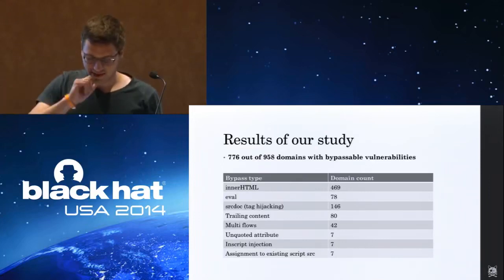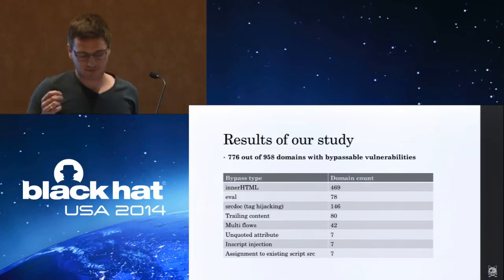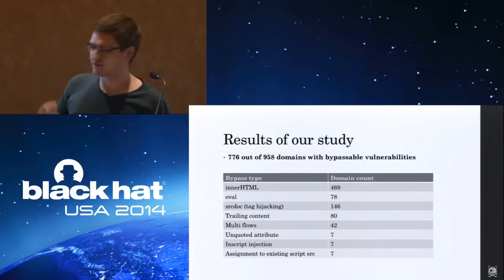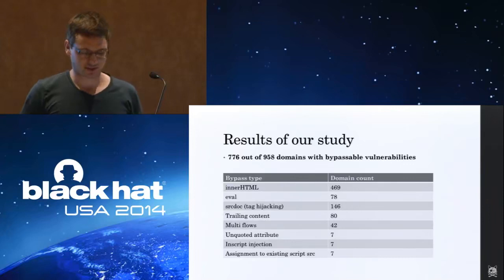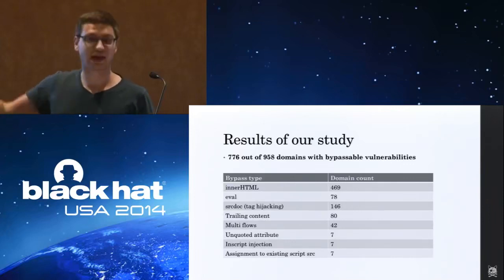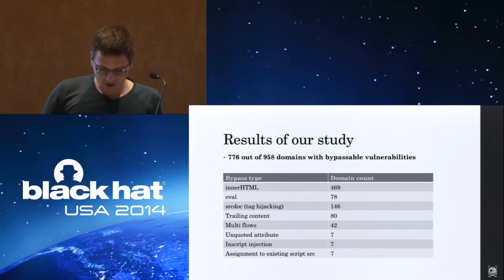But that is because, as I told you before, we had multiple vulnerabilities, on average like 2 vulnerabilities per site. So we could exploit domains using innerHTML and eval. That's why they're up there twice. So as you can see here, these were the results we found in the real world top Alexa 10K.